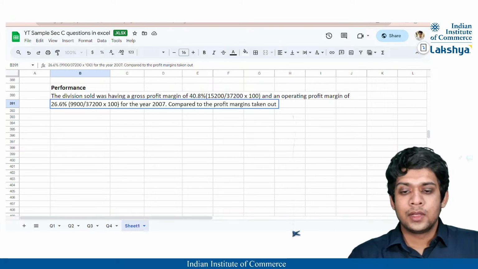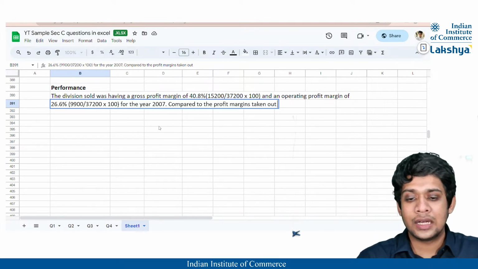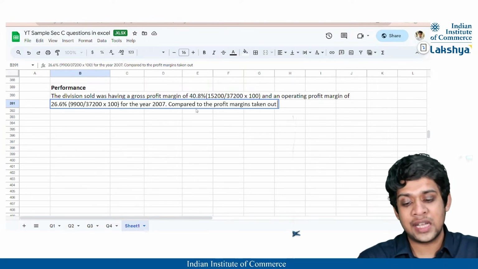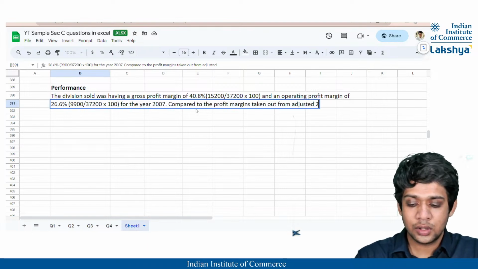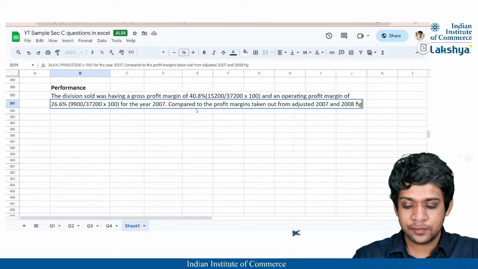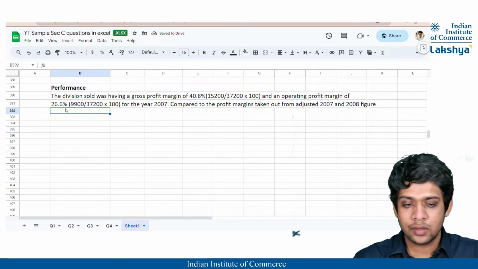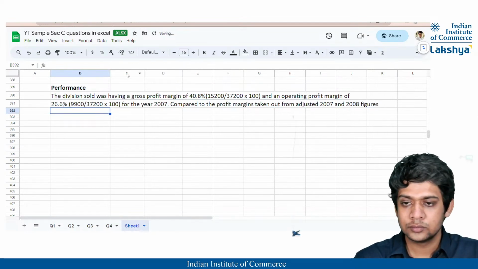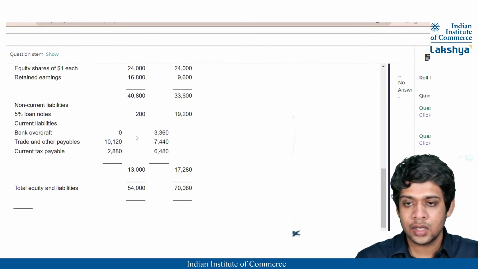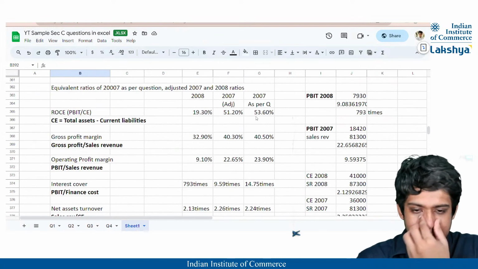Yeah, guys. Now, compared to the profit margins taken out from adjusted 2007 and 2008 figures, you can see here, guys, there is a similarity.